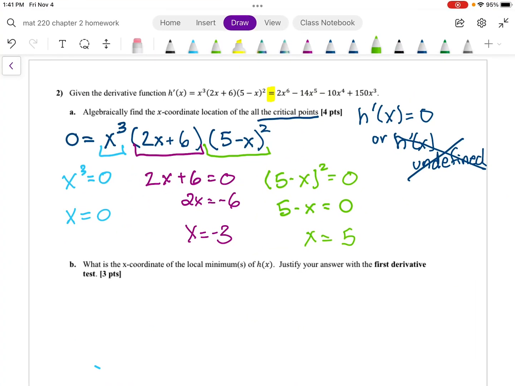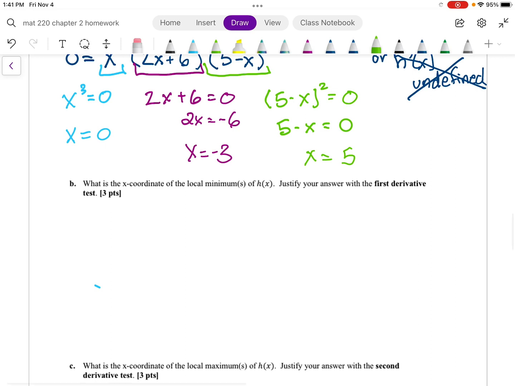So the next question says, I want to figure out the locations of my local minimums using the first derivative test. The first derivative test basically says minimums or maximums have to occur at critical values.